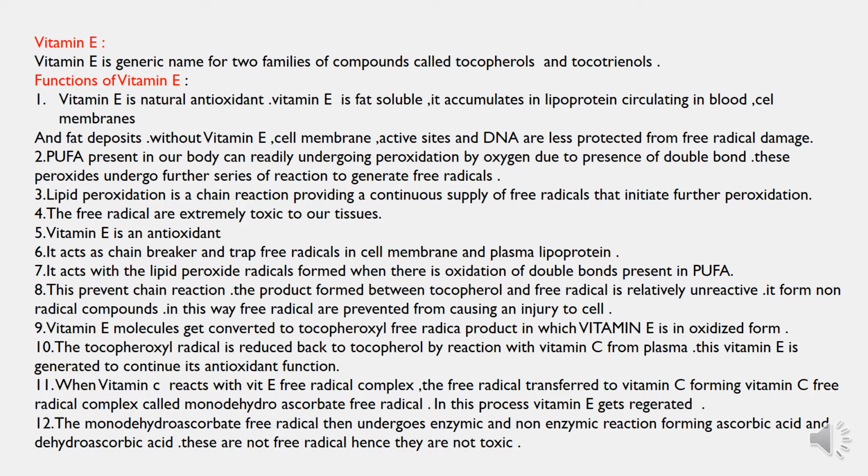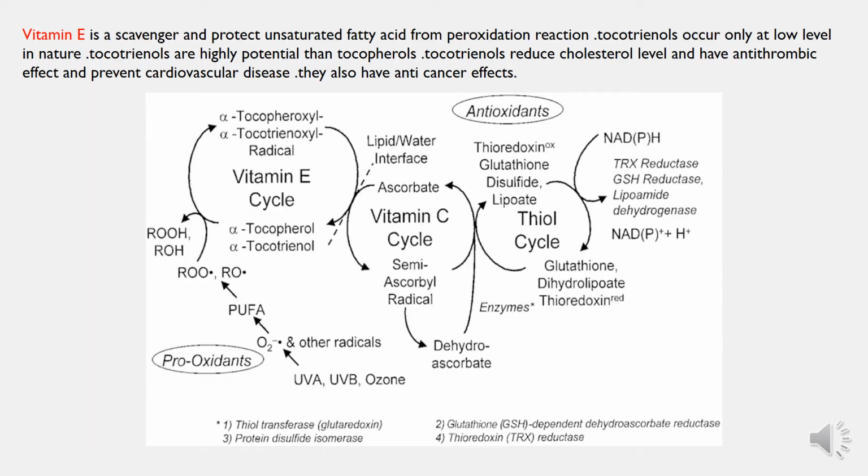The monodehydroascorbate free radical then undergoes enzymatic and non-enzymatic reactions forming ascorbic acid and dehydroascorbic acid. They are not free radicals, hence they are not toxic. Vitamin E is a scavenger and protects unsaturated fatty acids from peroxidation reactions.